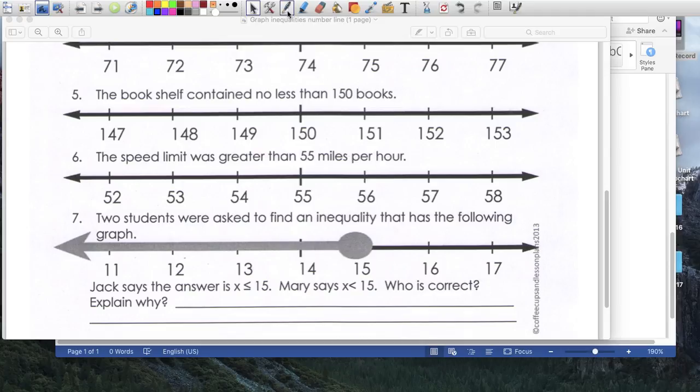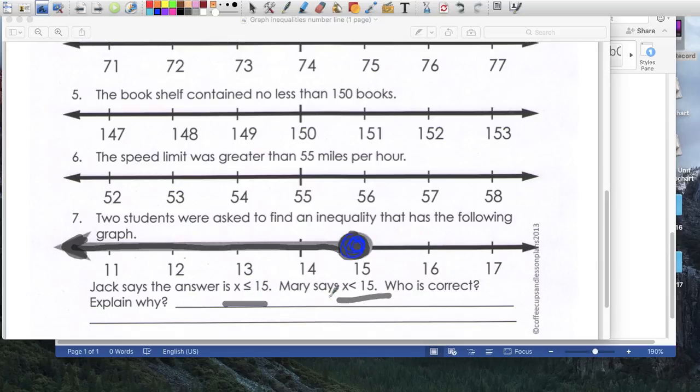Okay, so I think I can do this. This is shaded, so they shade that and they point the arrow this way. So which inequality? I guess they're going to ask what inequality is being represented. Is it this one or this one? Well, to answer it in a very quick fashion, the circle is shaded, right? And because it's shaded, I'm looking for an inequality sign that has the equal sign.